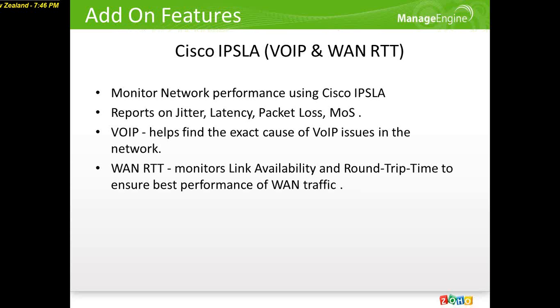If you create a WAN RTT module on a router using NetFlow Analyzer, it sends a ping packet to a particular destination IP address and finds out if there is any packet loss or latency, and what the round trip time is. Say you are expecting the packet to return in 12 milliseconds, and if it exceeds 12 milliseconds, then it is a violation.